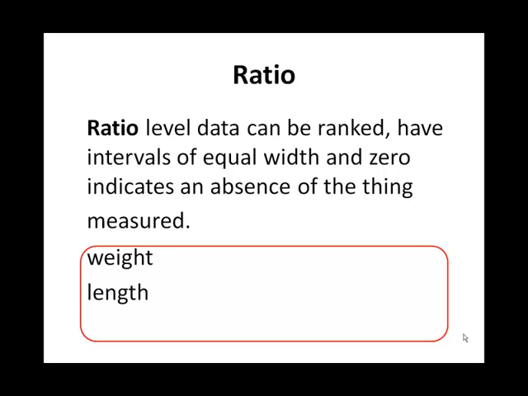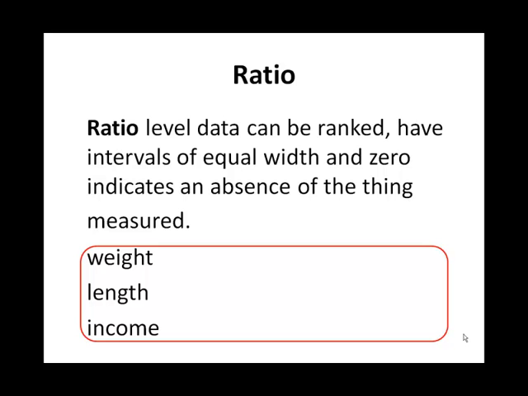So length, or height even. We can think of the length of something. Something is 5 meters long. If it's 0 meters long, that dimensioned length just doesn't exist. Income. So I could have income or I could have no income. This is a state that we can find ourselves in, right?